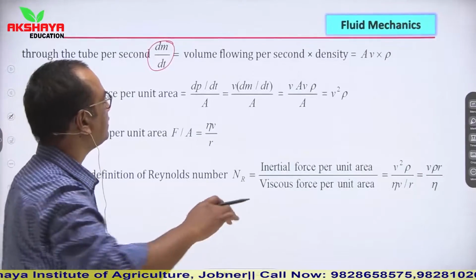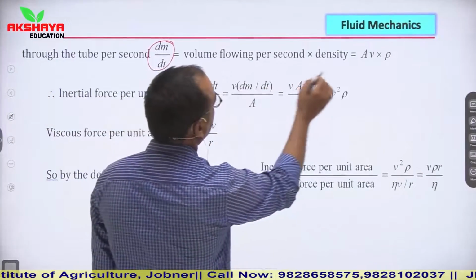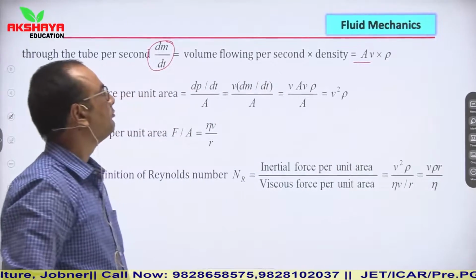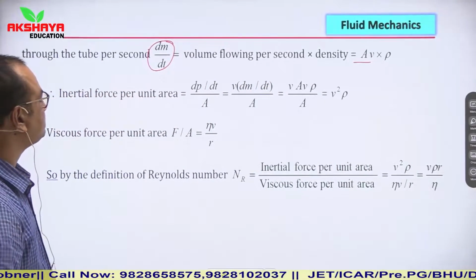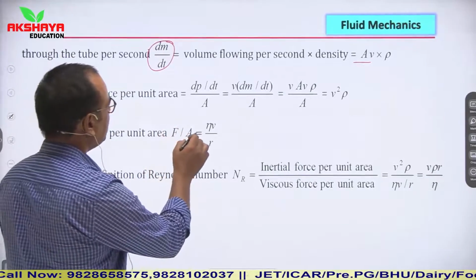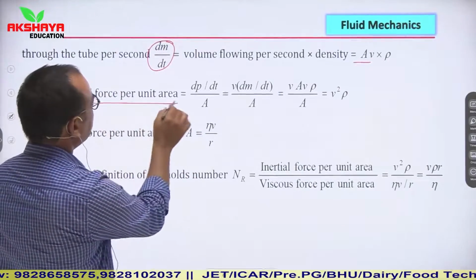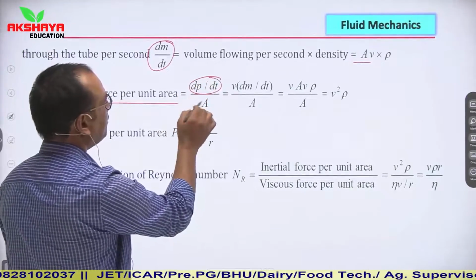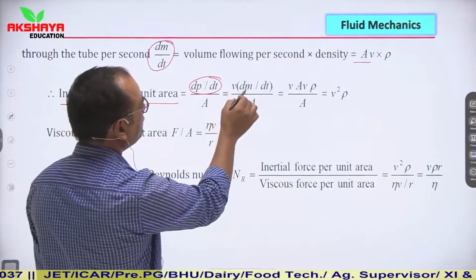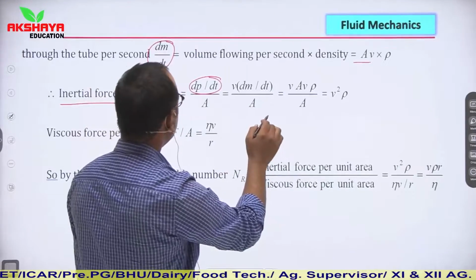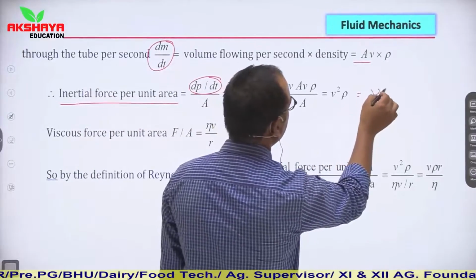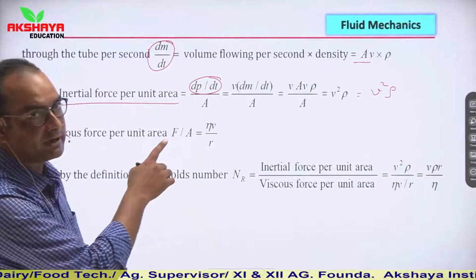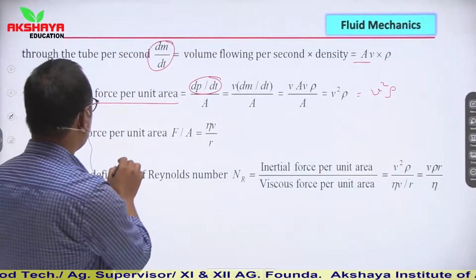It is equal to A rho V. Inertial force per unit area is dp upon dt upon A, or V into dm upon dt upon A, which is equal to V square rho. We are deriving a relation for Reynolds number here.